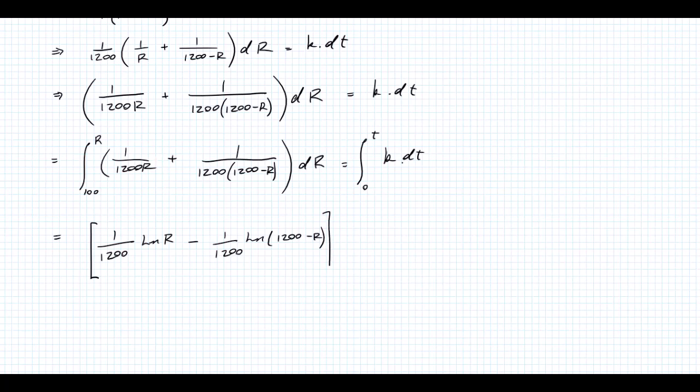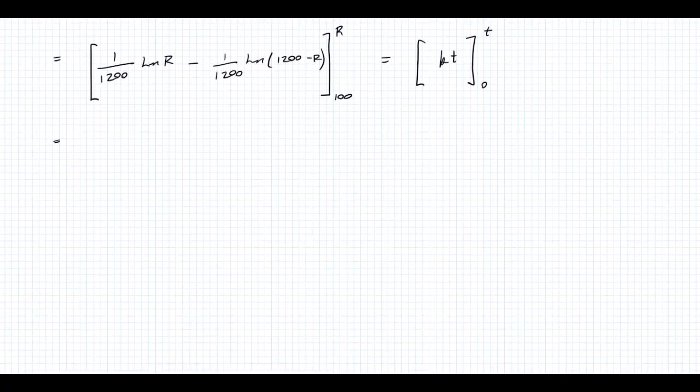Okay, so we want to integrate between 100 and r, and on the right hand side then we have k with respect to t, so that's just going to become kt, and our limits are 0 to t. Okay, so let's go again.